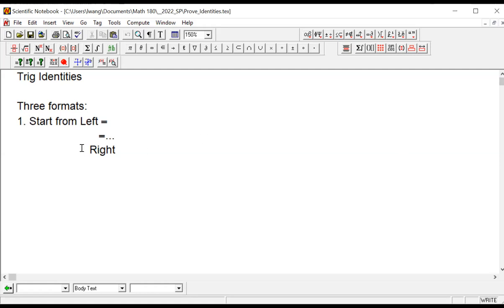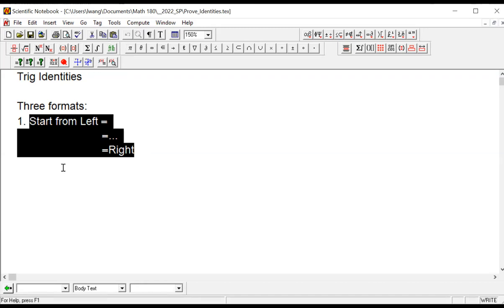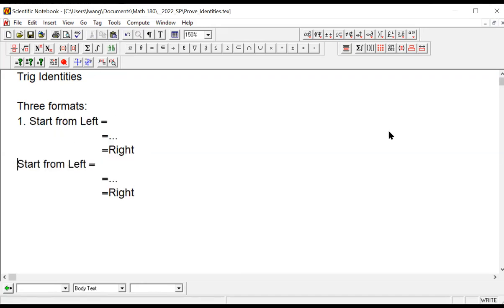The second format is starting from the right and ending up on the left. The third one is that we start from the left and we end up at a third place, say omega.